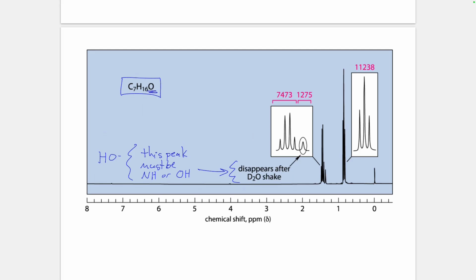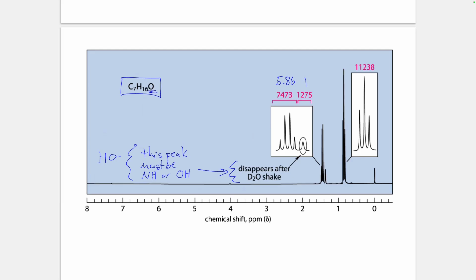The usual thing is you take the smallest number, which is 1,275, and divide all the other numbers by it. So I'm going to my calculator and entering 7,473 and dividing it by the smallest number, 1,275, and I get 5.86. And of course, when you divide 1,275 by 1,275, you get 1.